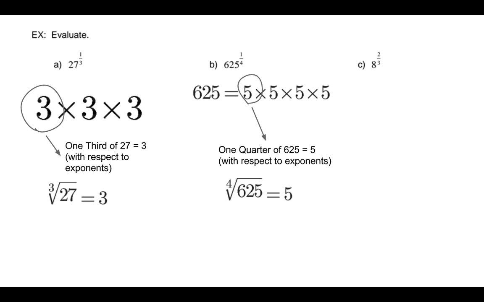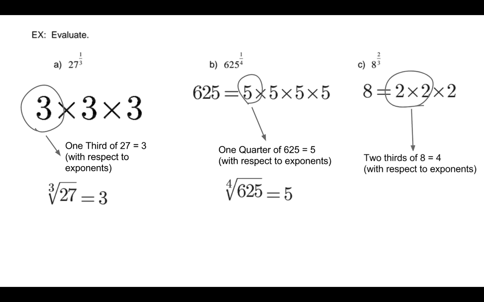8 breaking up into 3 parts is 2 times 2 times 2, and if we wanted to take 2 of those, we would do 2 times 2, which is 4. And so 8 to the 2/3 is 4, and we can also say the cube root of 8 is 2, and then squared that is 4.